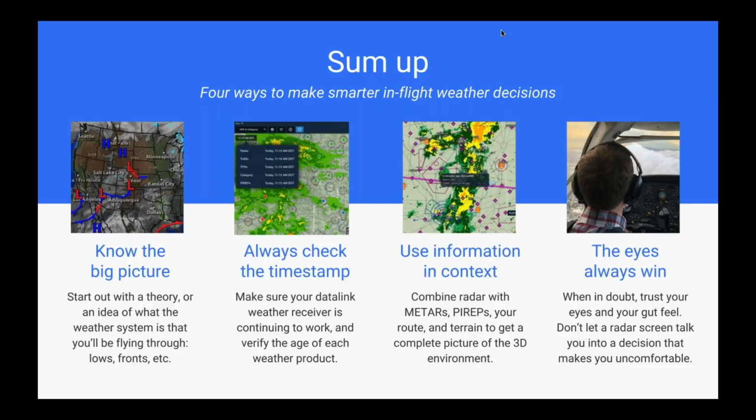So that doesn't necessarily mean that the weather is 1 minute old. The reason you watch that is you want to make sure that you continue to get updated weather. So if you ever see that get to 25 or 30 minutes from your last update, you have a problem. Your receiver has gone bad, the battery ran out, the connection to the iPad quit, something. So keep a sharp eye on that timestamp.